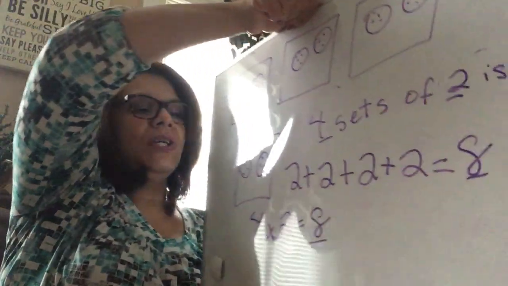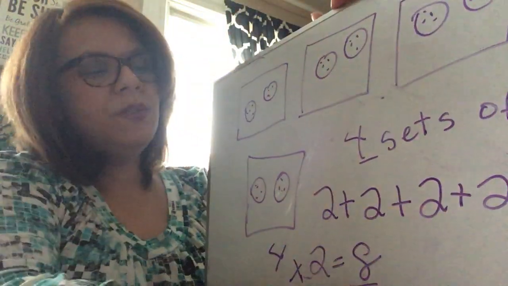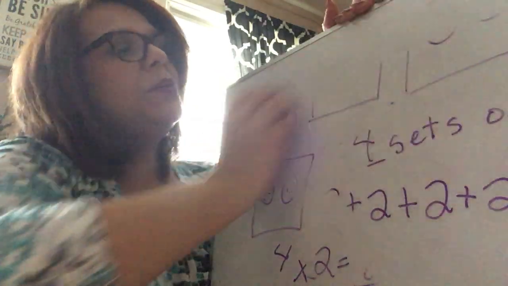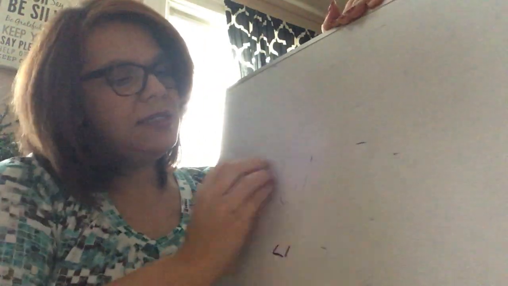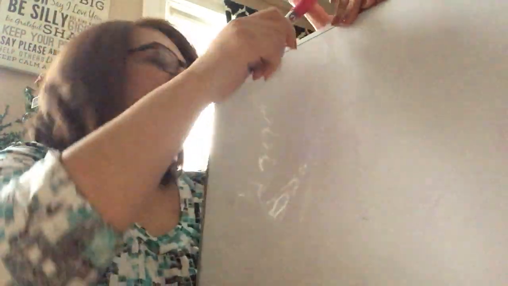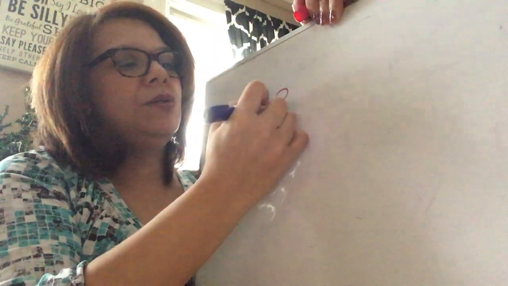Now before we go on, there's something else I want to teach you. Okay, let's take that same equation that we just did. 3 times 2 equals 6. And I want to show you what each number represents, because that's important. This is some math vocabulary words for you.